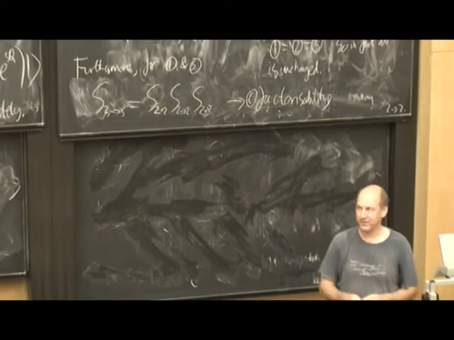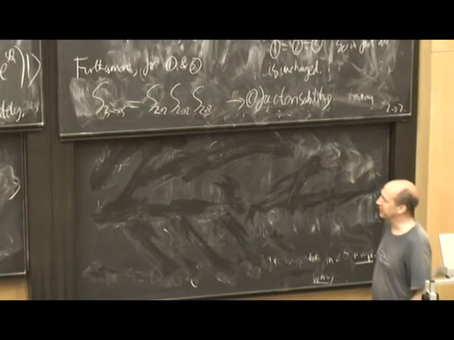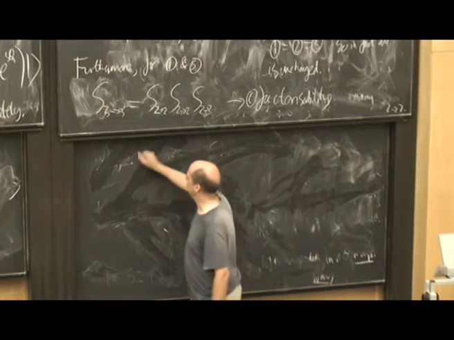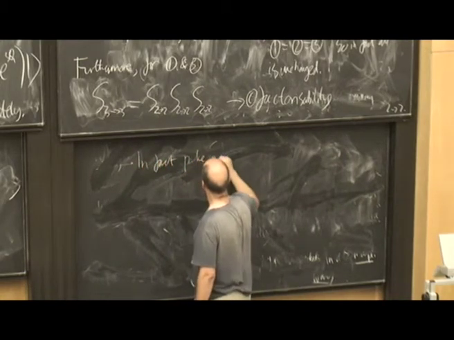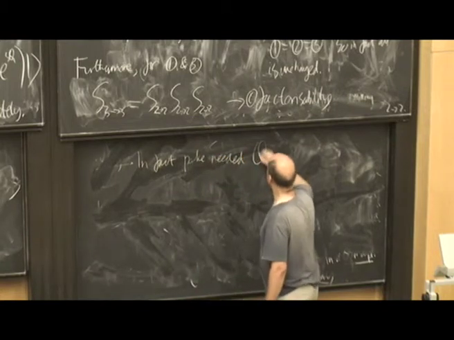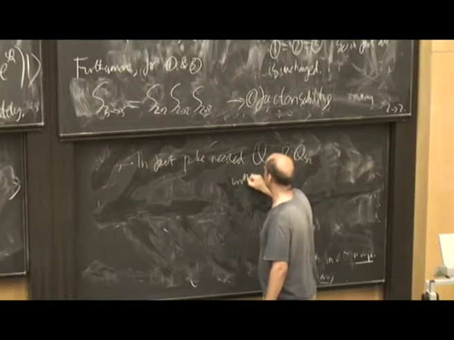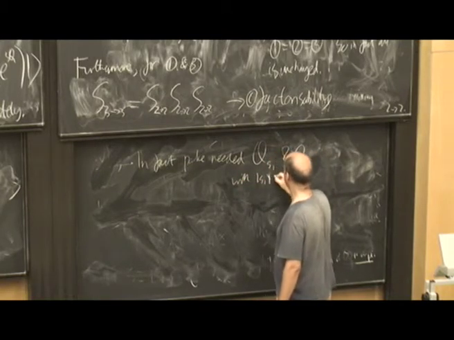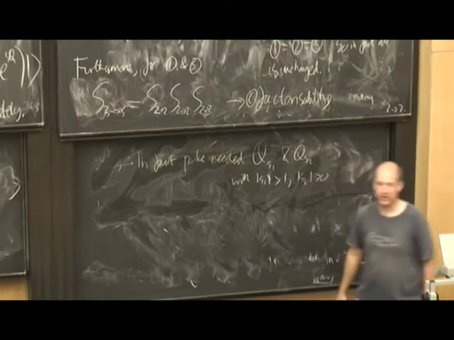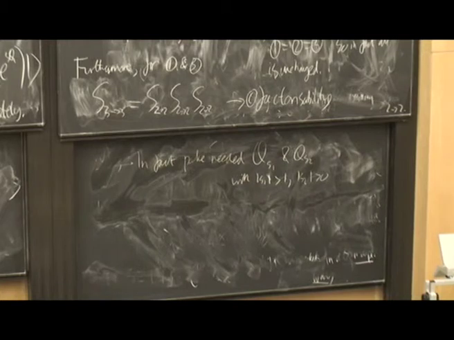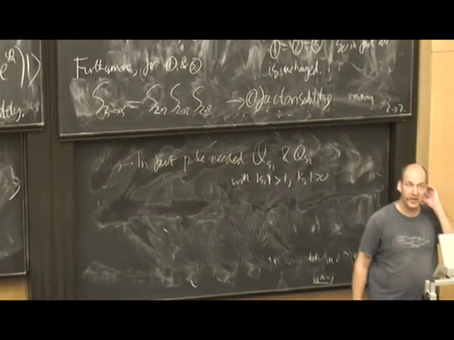He convinced himself and convinced people reading the paper that he needed QS1 and QS2 with mod S1 larger than 1, mod S2 larger than 1, to make the whole argument completely bomb-proof. But it turns out that, for example, S2 equals minus S1 will do.